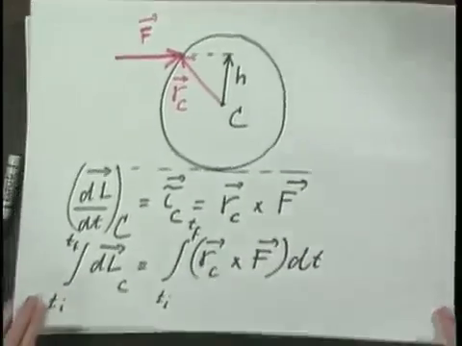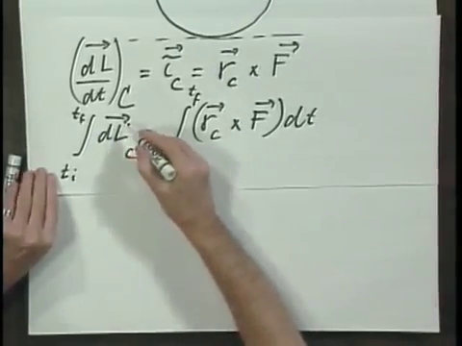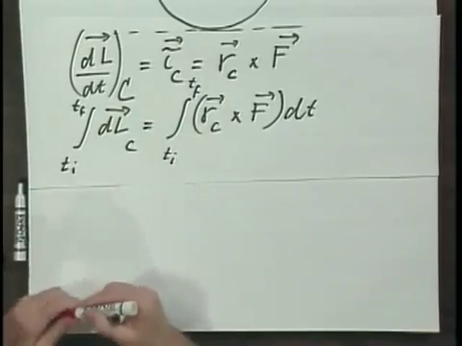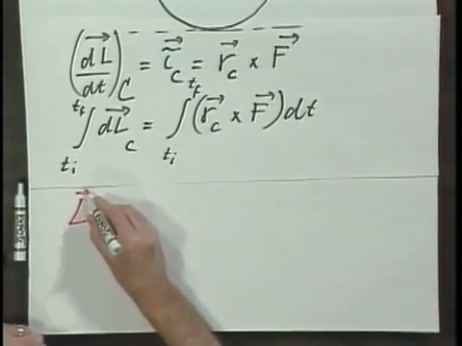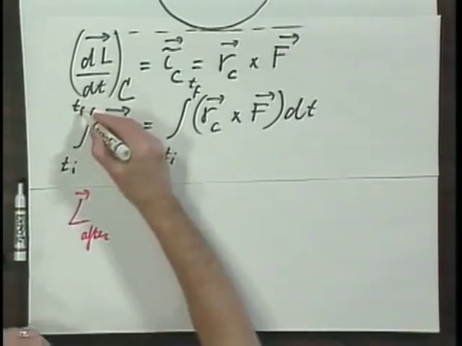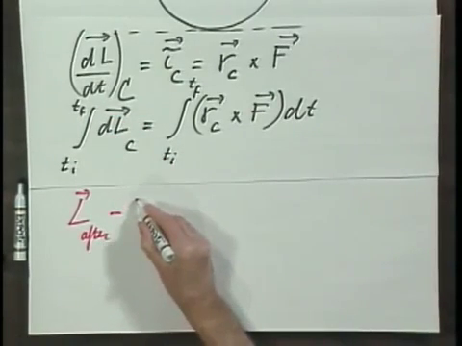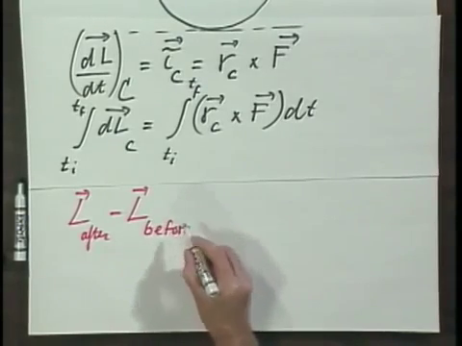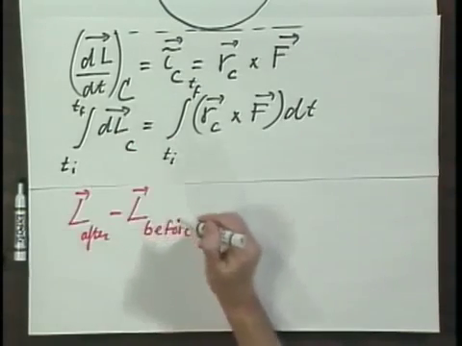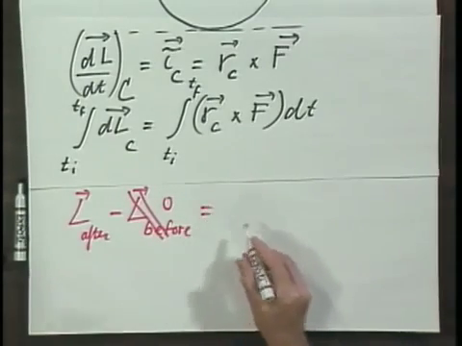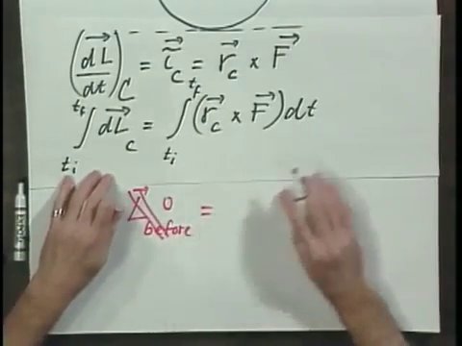What is this integral? Well, this integral is L after the impact, that means at time t final, minus L before the impact, that was at time t initial, and this is 0. So that equals now this integral.